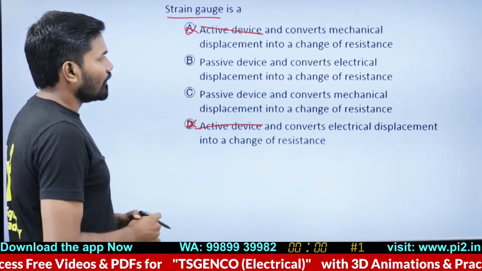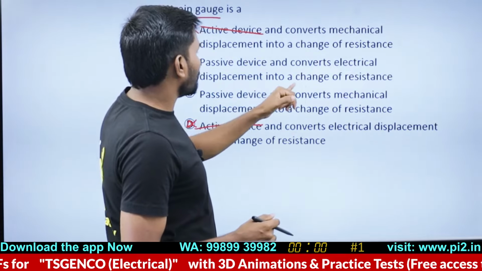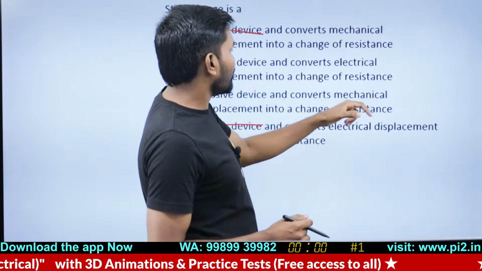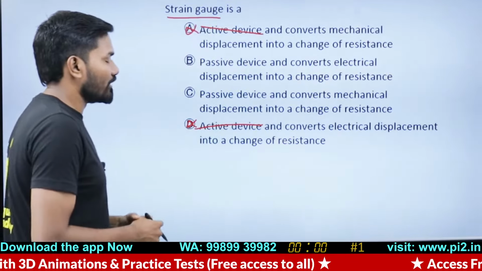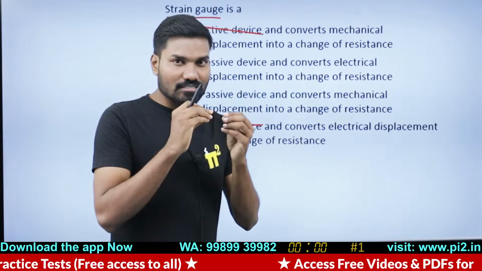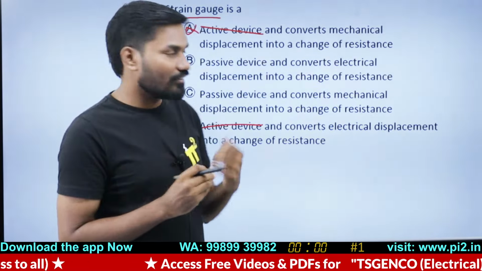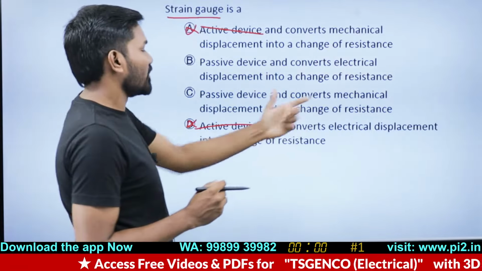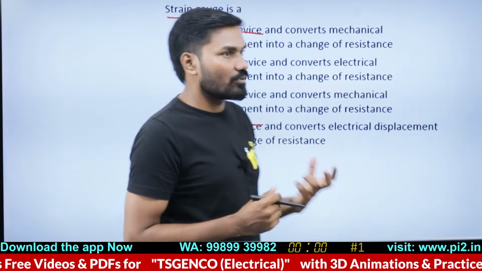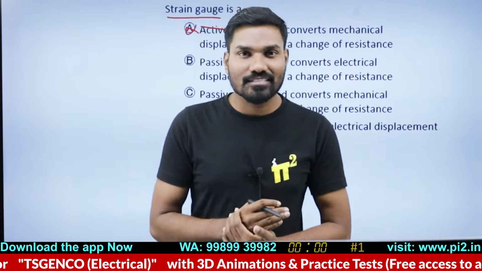It's passive, and its job is to convert mechanical displacement into change in resistance. It's not about electrical displacement, it is a mechanical force. Suppose there is a stretch on this, then yes, its resistance will change. Basically, this works on the piezoresistance effect.